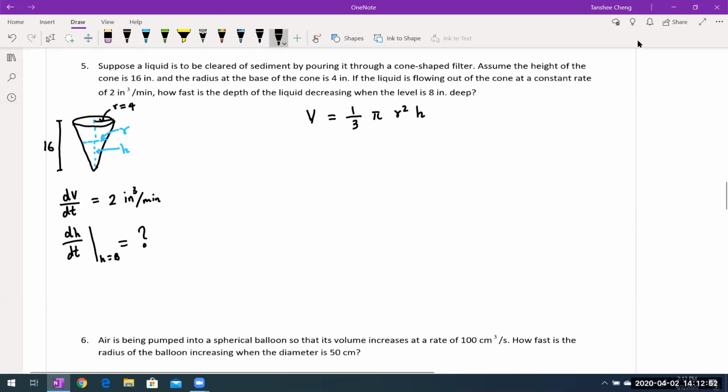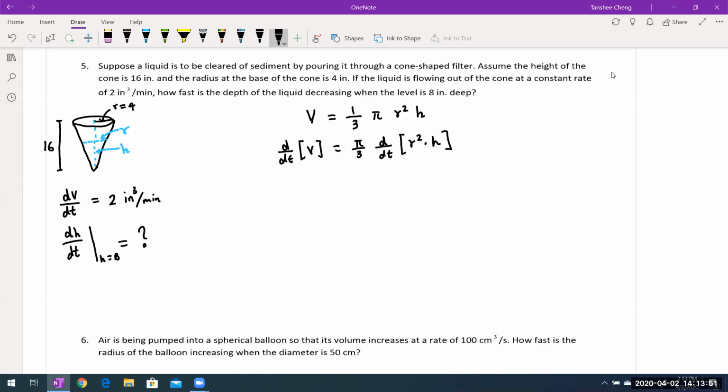Now, are there any questions before I move any further? To talk about the rate of change of the height using the rate of change of the volume, I'm going to take the derivative with respect to time on both sides. So that will be pi over 3 d/dt of r times h.